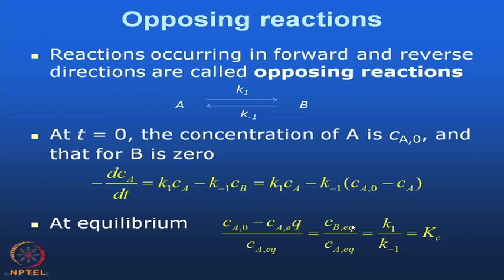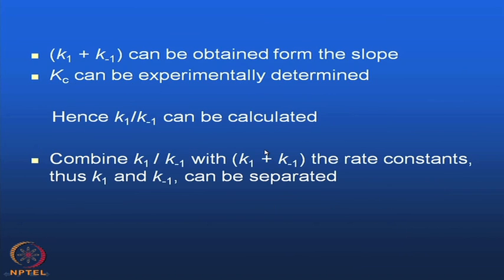Then we have discussed opposing reaction, that is one reaction which is opposed by another reaction producing your reactant back. And from studying this opposing reaction kinetics, we can find out the rate constants K for both forward and backward steps.